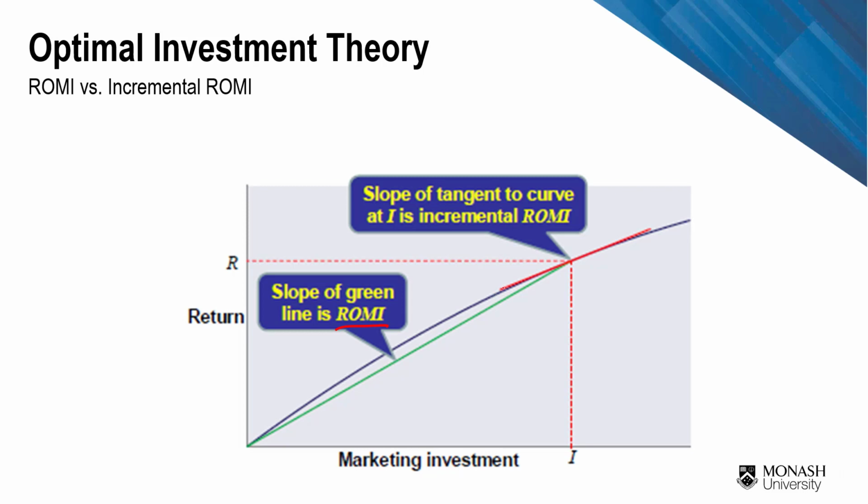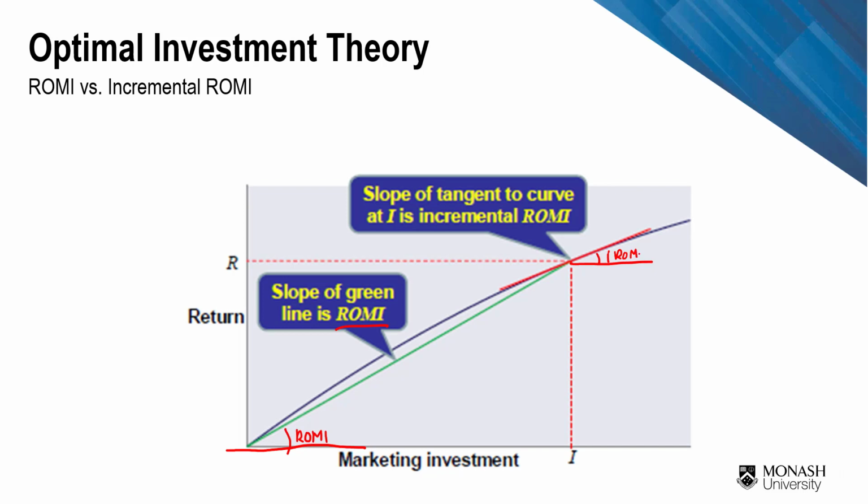Now, let's say this is a straight line, and this part is basically our ROMI. And at this part, I'm just taking the gradient. So this part is what we call the incremental ROMI.